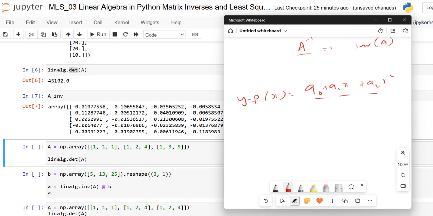Considering these different points, let me end up with a system of 3 equations.